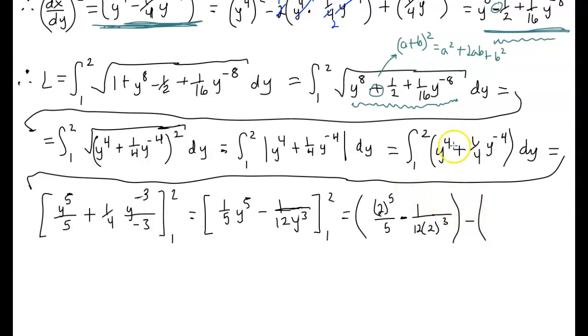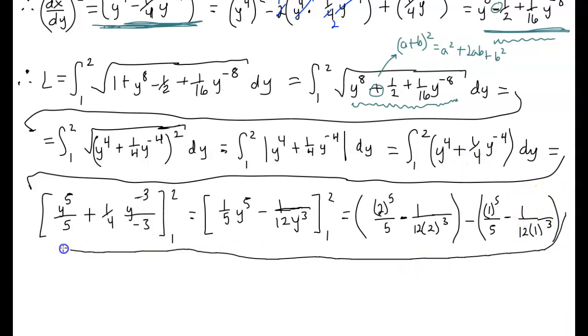And then we do the same thing with 1. And that should be a plus, not a minus. Oh, yeah, it should be a minus because of that. All right, and so we'll do the same thing here. So this will be 1 raised to the 5 over 5 minus 1 over 12 times 1 raised to the 3.